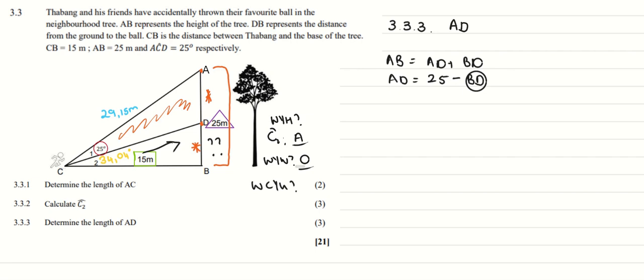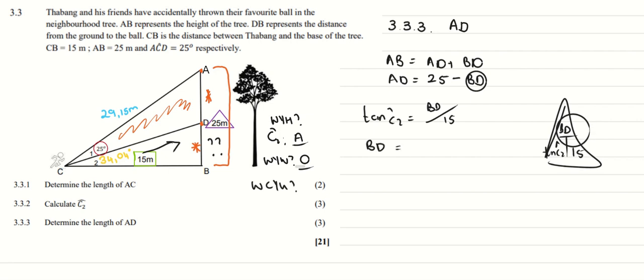And so we say that tangent of angle C2 is the opposite, which we want, BD, over the adjacent, which is 15. Now I've shown you that with these calculations you want to put it into a triangle, and so therefore tangent of your angle C2 is BD over 15, and so BD would just be 15 tan of angle C2, okay?